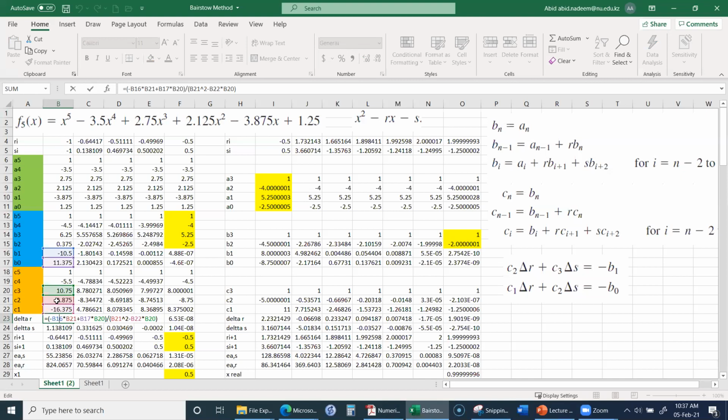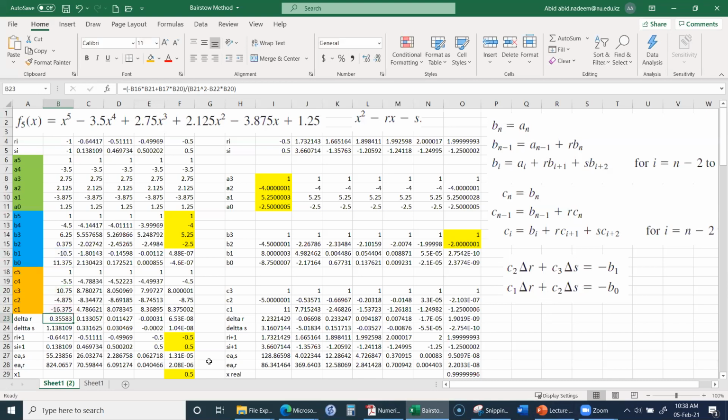And then plus b naught times c3, where b naught is b17. So b17 times the value in here, and then divided by this determinant, c2 square minus c1 c3.